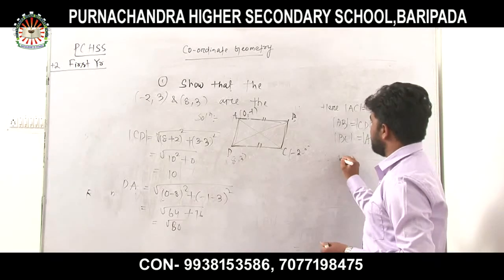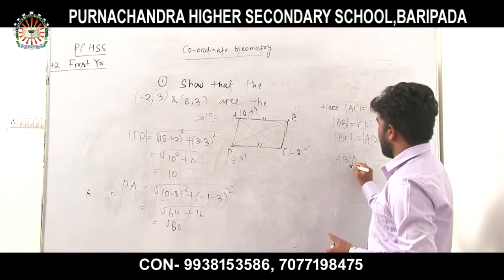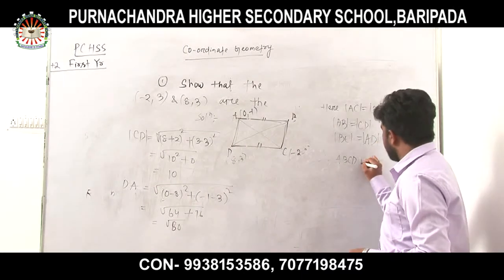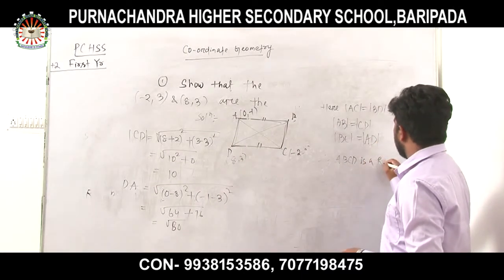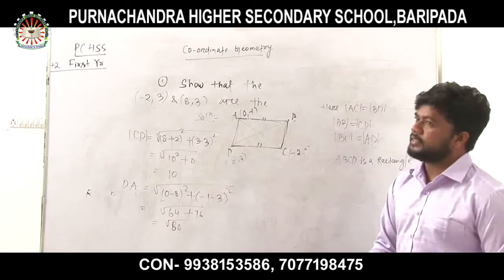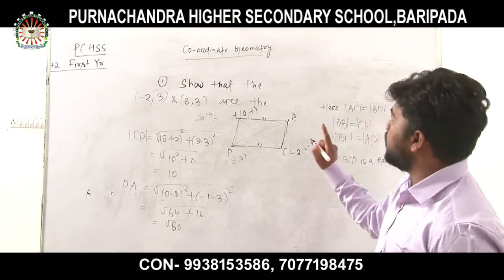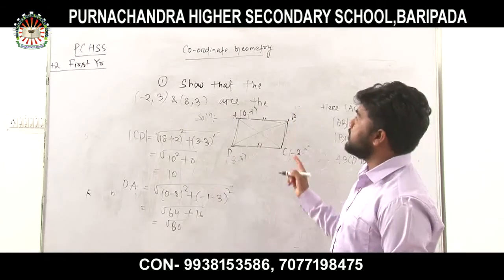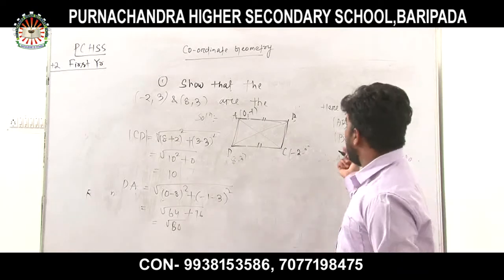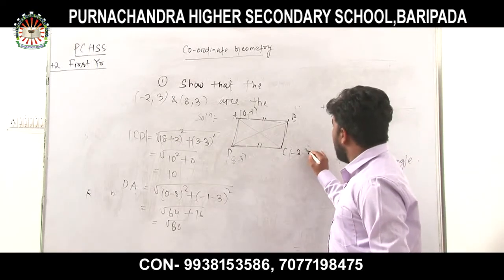So ABCD is a rectangle. Just like that. If ABCD is a square, you apply the square formula.